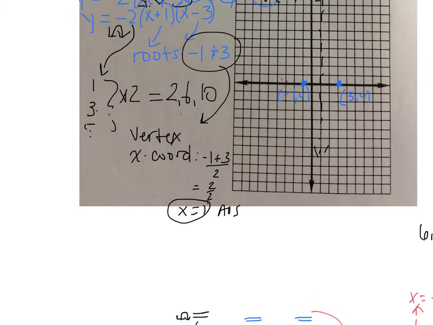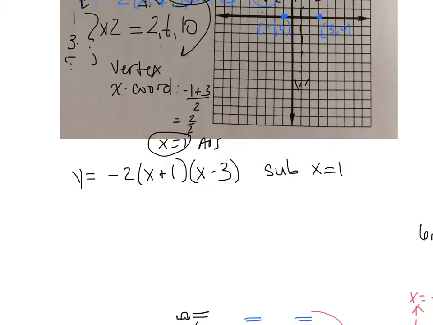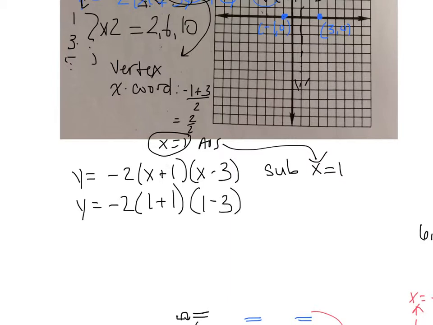Our equation was y equals negative 2 times (x plus 1)(x minus 3). So we're going to sub in x equals 1, which is our axis of symmetry. So y equals negative 2 times (1 plus 1) times (1 minus 3). We substitute that x value from the axis of symmetry into the x parts of our equation.